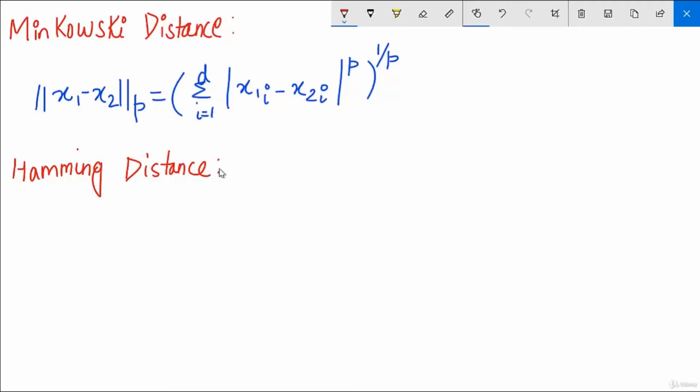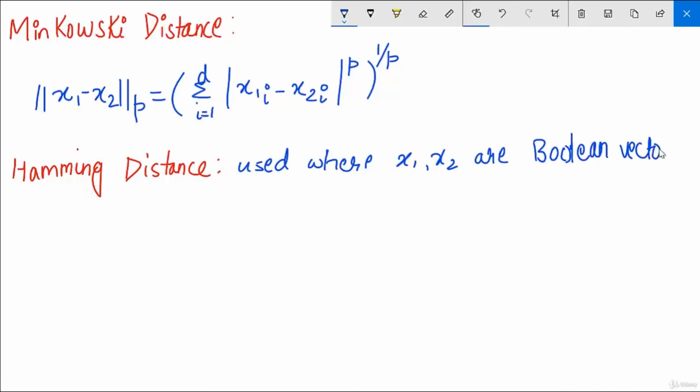Basically, it is used where x1 and x2 are Boolean vectors, like 0 or 1. I'll give one example.